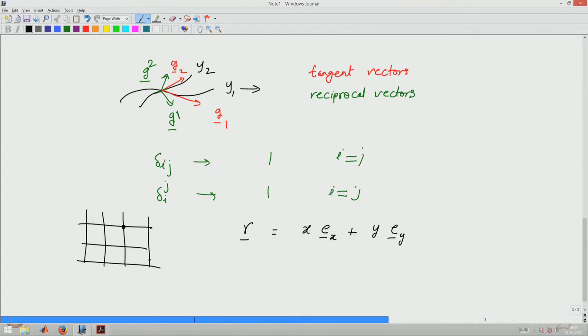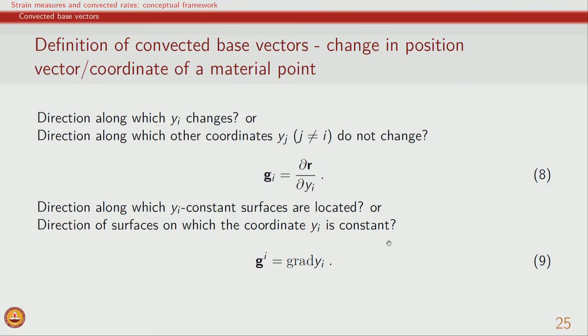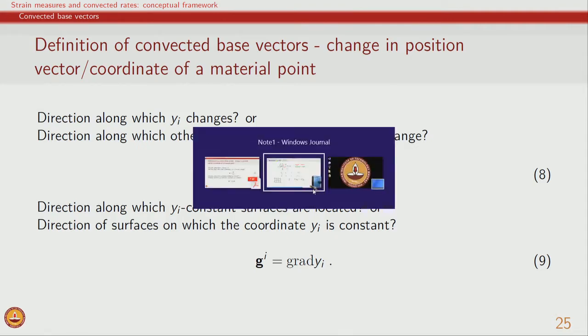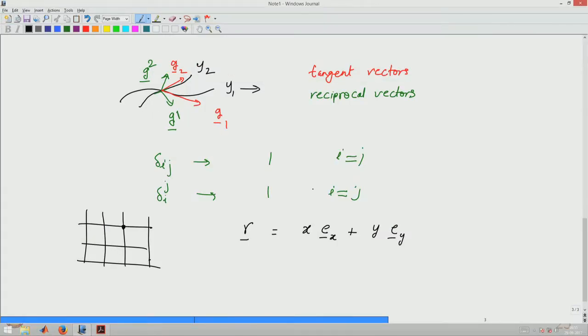The first definition that we have talked about is in terms of how the position of a point changes if I change the coordinate. In this case the coordinates are x and y. So, y1 is x, y2 is y, and this is the overall position.